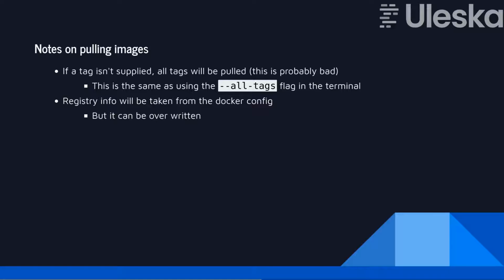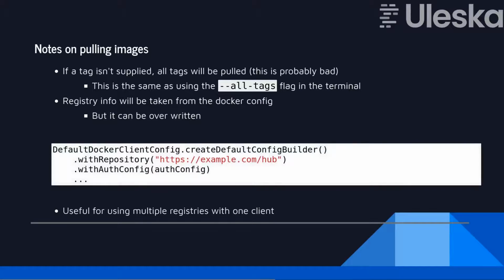This could be very beneficial if you wish to manage multiple registries. So if you have a QA one, a production one, if you have all that kind of split up, or maybe you want to use a public one and a private one, that can all be handled here. You specify a repository, and then you can also rewrite the authentication config and pass that in. So very useful for multiple registries with one client, rather than having to create a new one for each registry you might have.